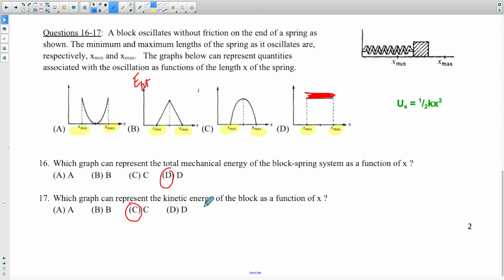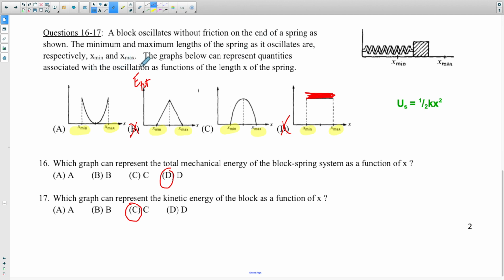The next one, which one can represent the kinetic energy of the block as a function of x? And we mentioned a minute ago that needs to be parabolic. So it's neither one of these. It has to be one of these. And we have to think about, okay, just like a second ago, let's go back and read.